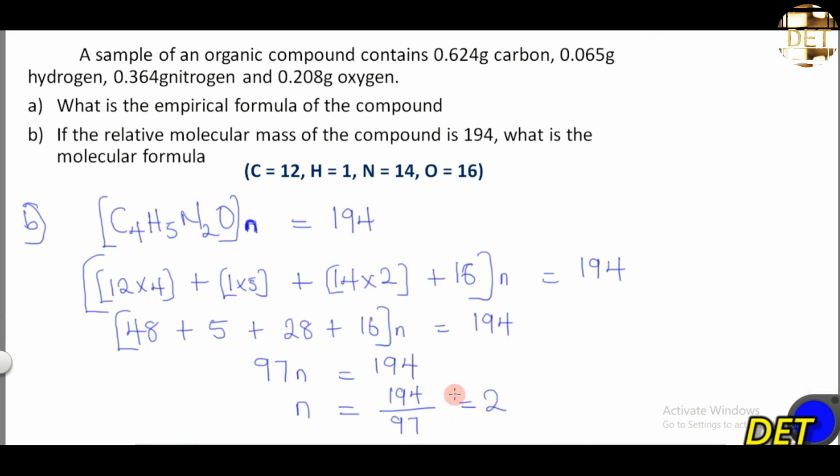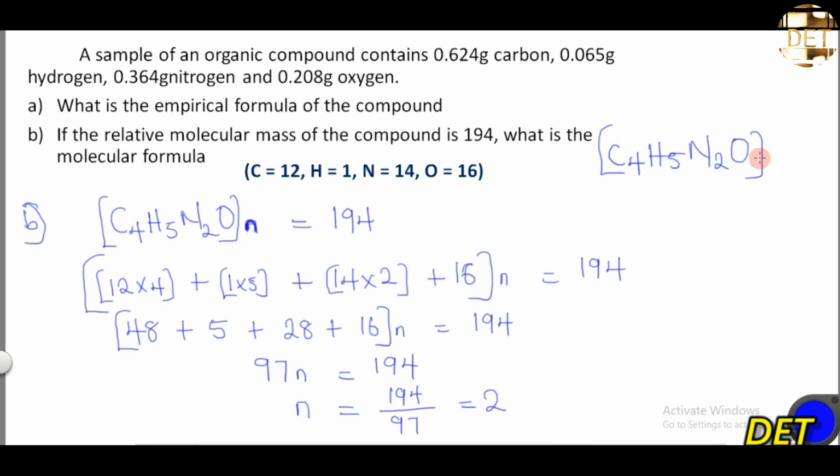So that tells me that my N, the whole number multiple, is 2. So what I have in essence is C4H5N2O in brackets, and the value of N is 2, right?